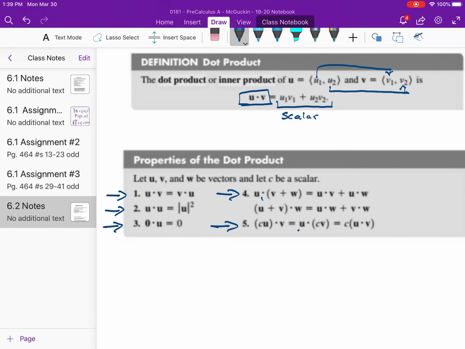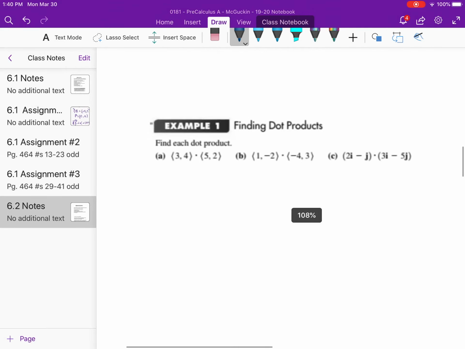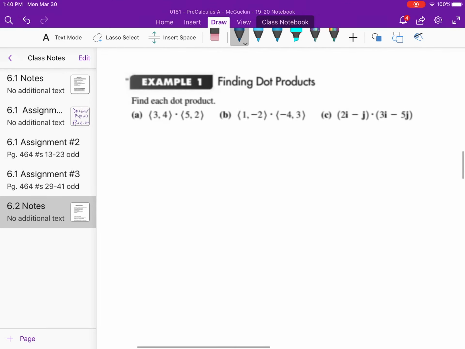So cu dot v is the same thing as u dot cv. Notice the scalar could be placed either way, which ultimately means that you can just put the scalar on the outside of the dot product, because you would get the same thing regardless. All right, enough about the properties.